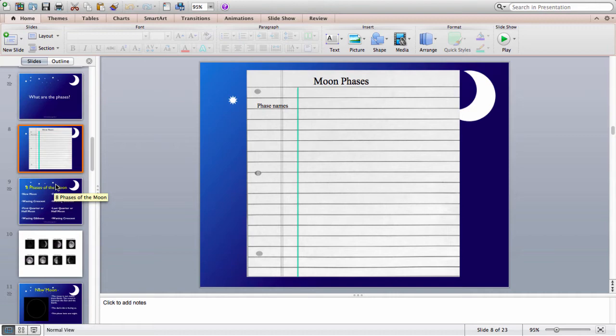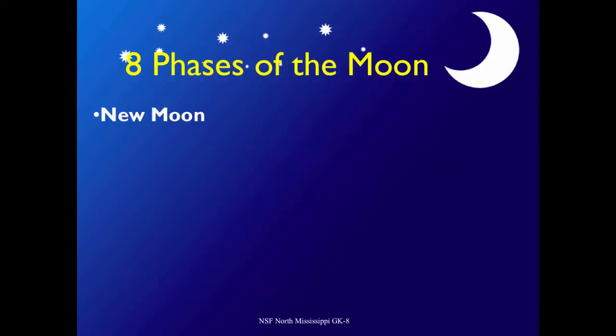So real quick, the phase names, there's the new moon. That's the moon that you always start with. Okay, so if we have the sun here, that's the sun, and then the earth is here.